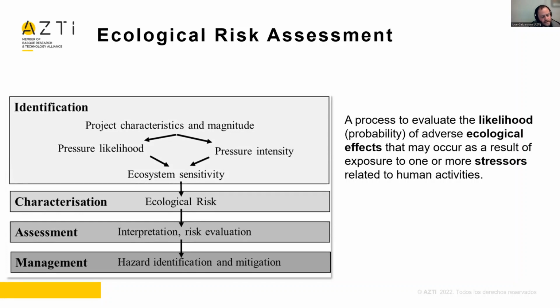Then comes the characterization of the potential ecological risk, which helps the assessment through the interpretation and evaluation of the risks, in order to inform the potential adoption of management measures based on hazard identification, or the adoption of mitigation measures.